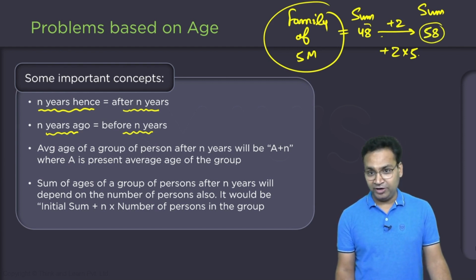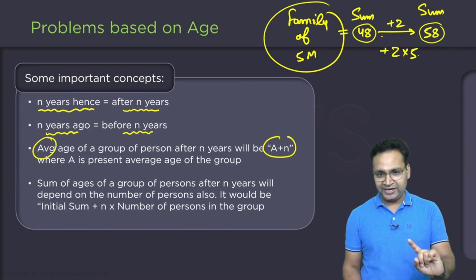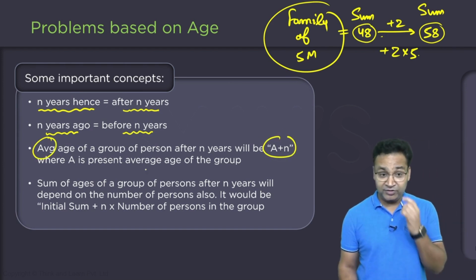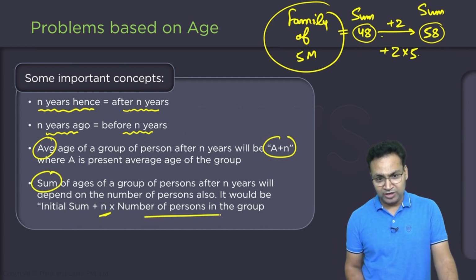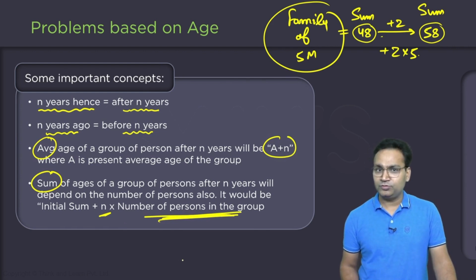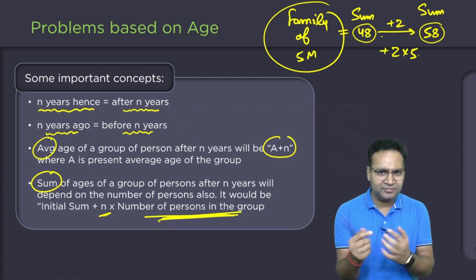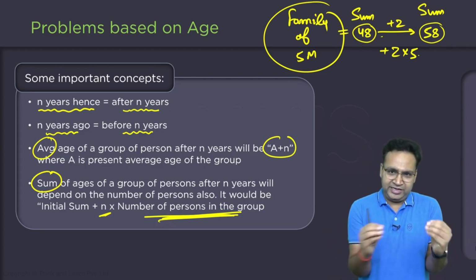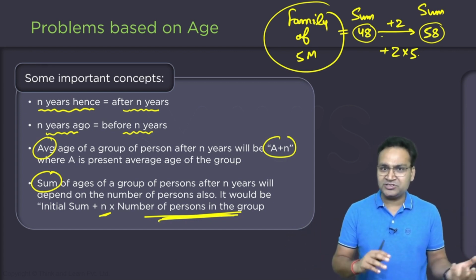This is really important. So when you talk about the average, it will be simply added, simply subtracted. But when you talk about the sum of ages, it will be n into the number of members in the group. And if the number of members in the group has changed during the tenure, then the average and the summation will change significantly less or significantly more.